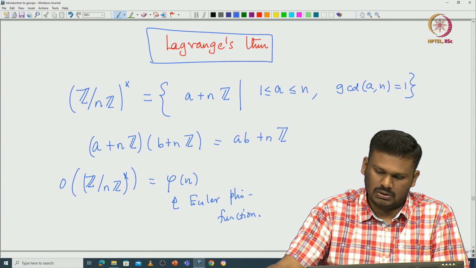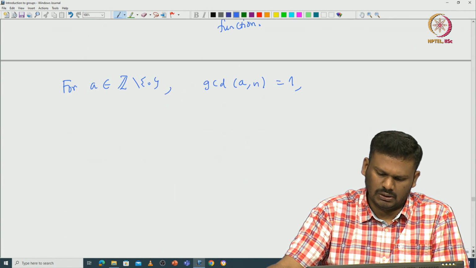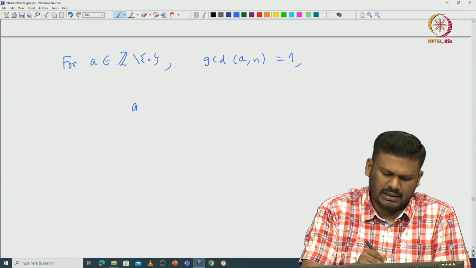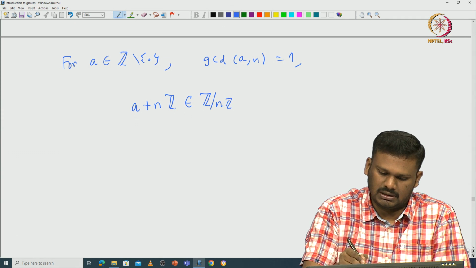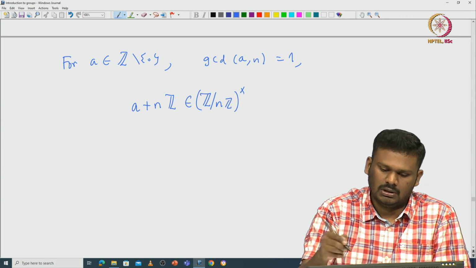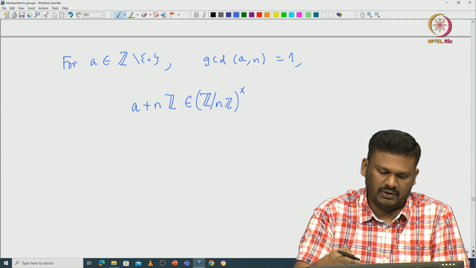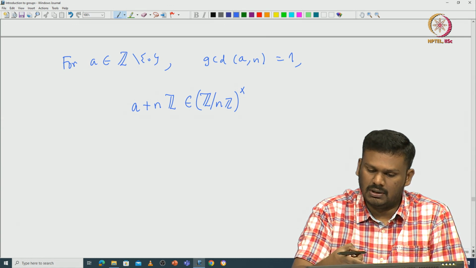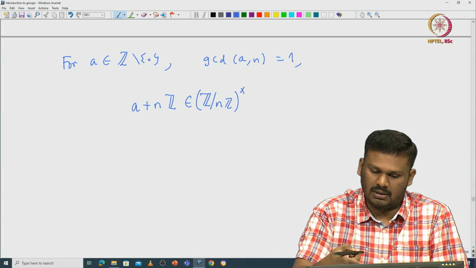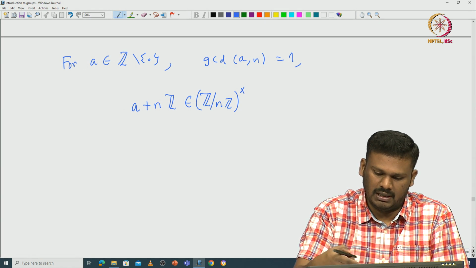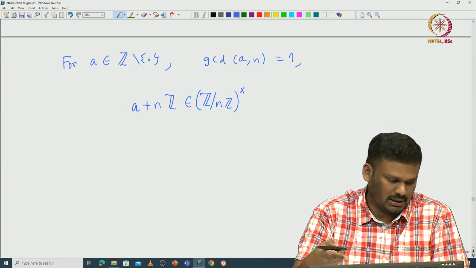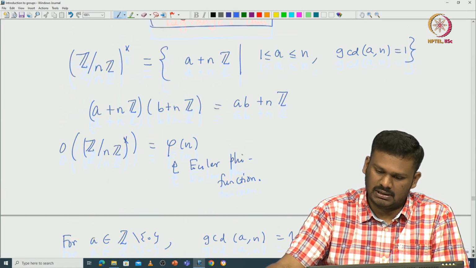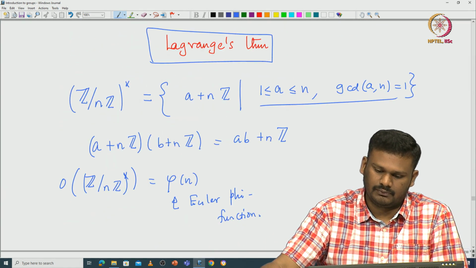This is the complete set of elements, those non-zero integers with GCD of A and n equal to 1, and this is the parameterizing set.